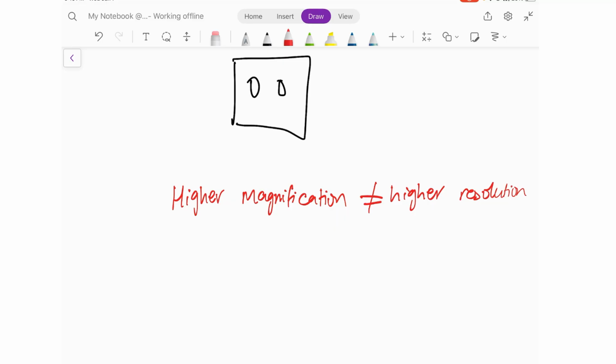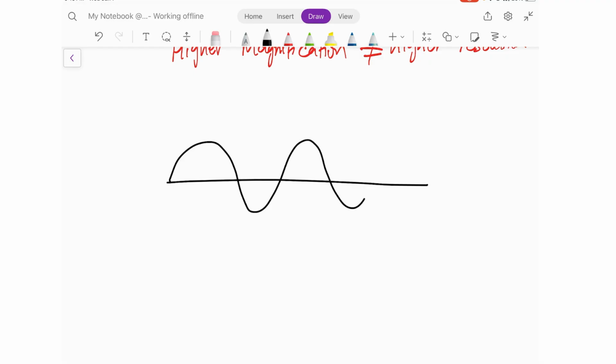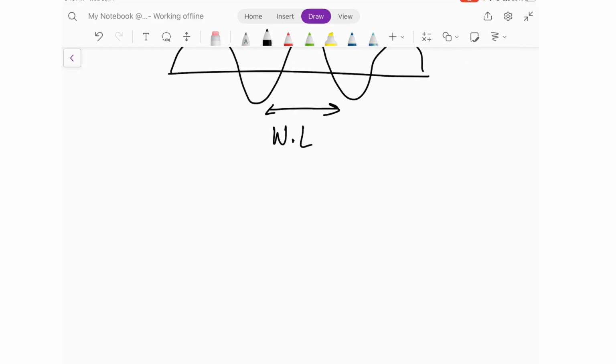Now, resolution depends on a little something known as a wavelength. So let's imagine that this is a wave, and this part right here is known as a wavelength. Now, for visible light, the range would be 400 to 700 nanometers.